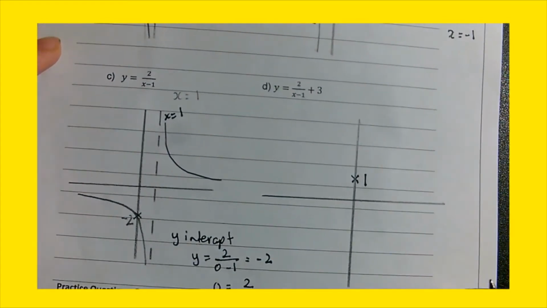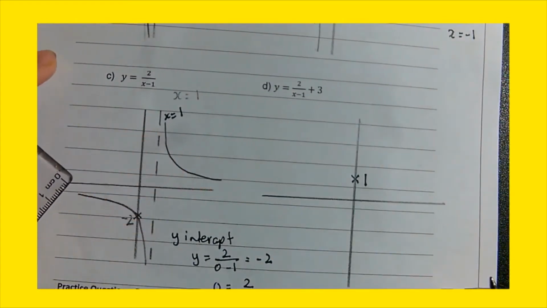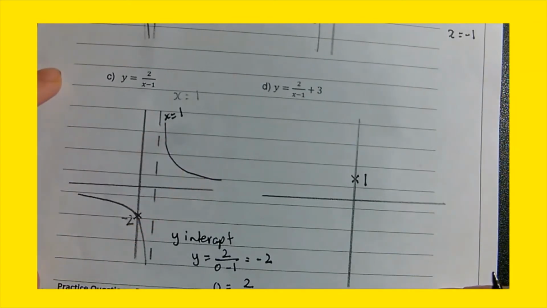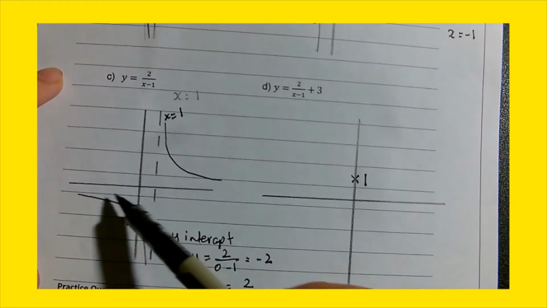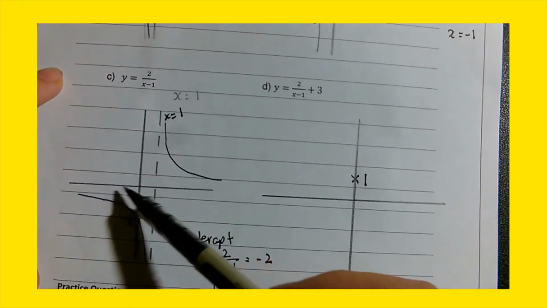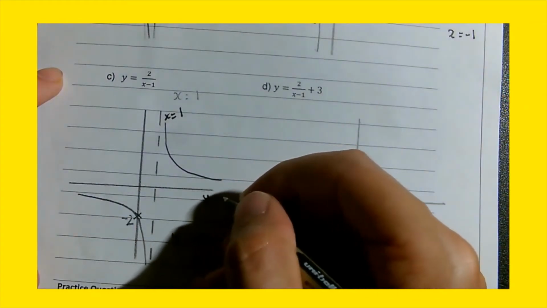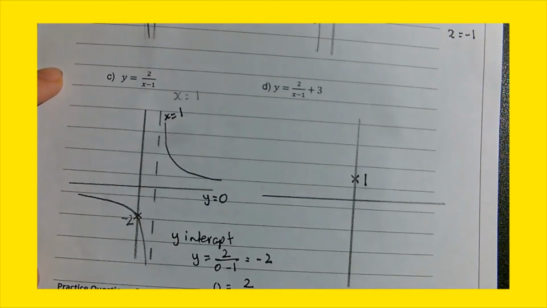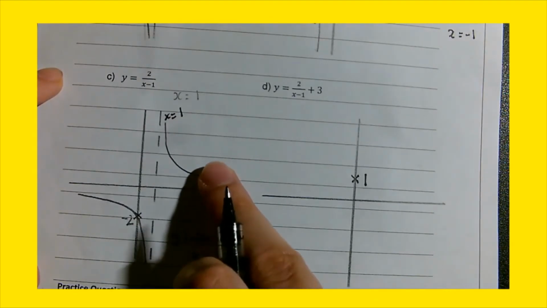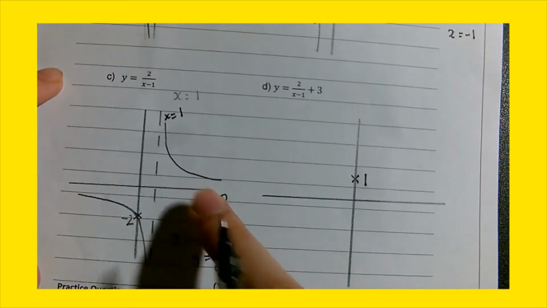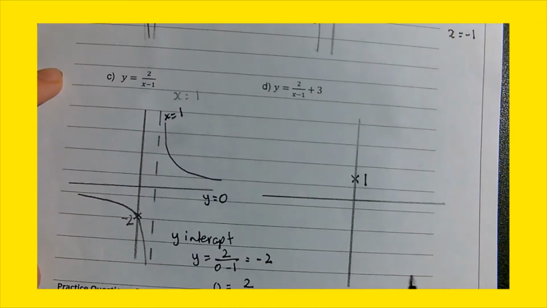And this section will not really change at all. That's going to stay the same. It's just going to go up as well by 3. And originally here, the x asymptote was y equals 0, but obviously when you move that up by 3, it's going to be an asymptote of y equals 3.